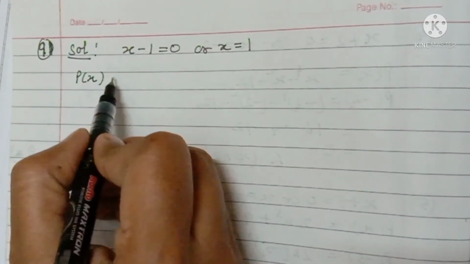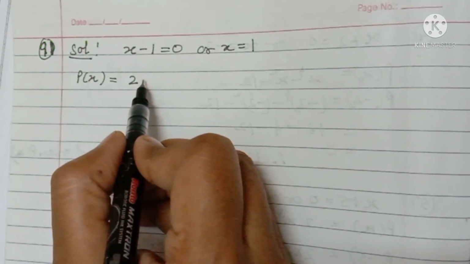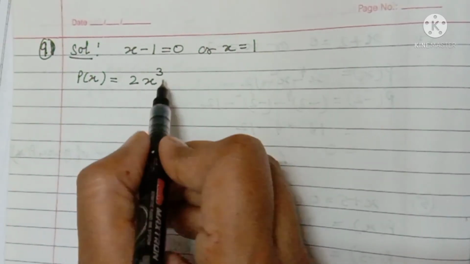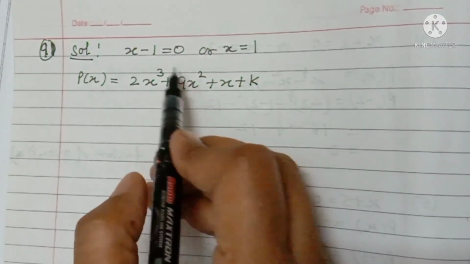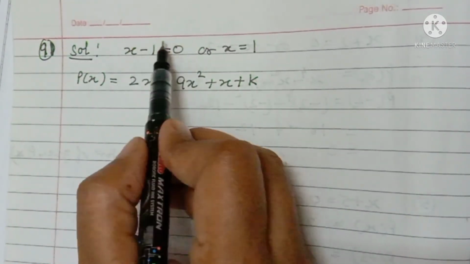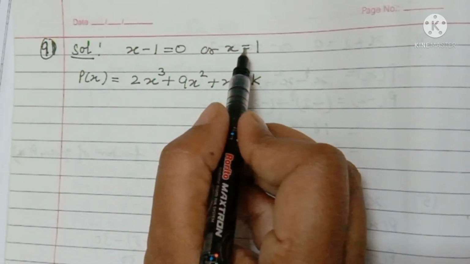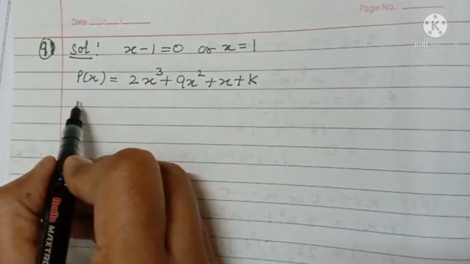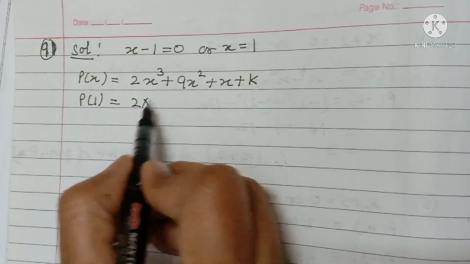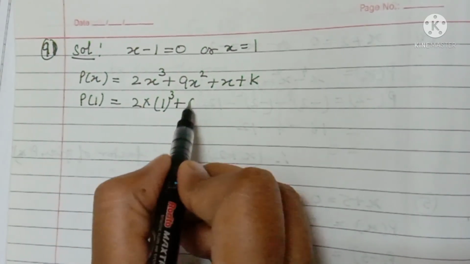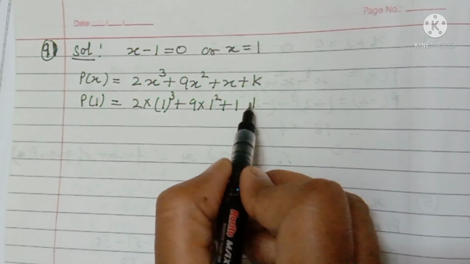p(x) is equal to 2x cube plus 9x square plus x plus k. First I am writing the polynomial. If this is a factor, then p(a) is equal to 0, and substitute the value of a, which is 1. So p(1) is equal to 2 into 1 cube plus 9 into 1 square plus 1 plus k.